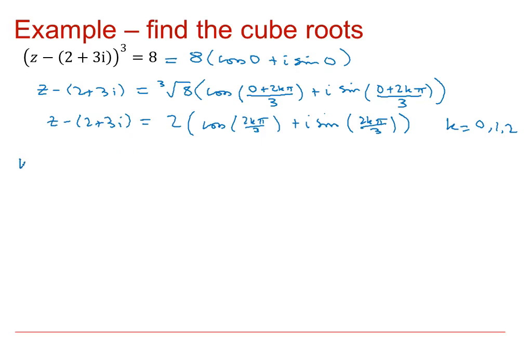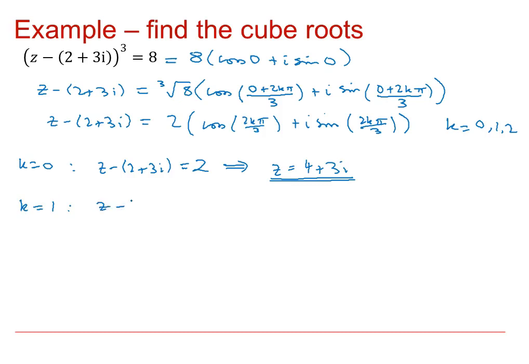So when k is 0, we would have z minus (2 plus 3i) is exactly the same as 2. In other words, z equals 4 plus 3i. So that's the root that we knew about earlier on. So let's see if we can find the other 2 roots now. So let's try k is 1.